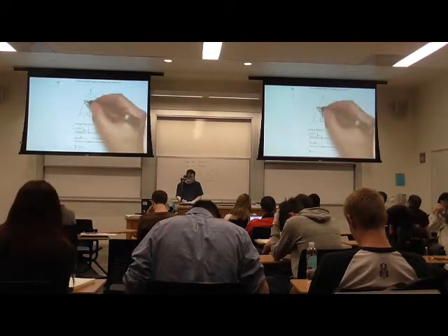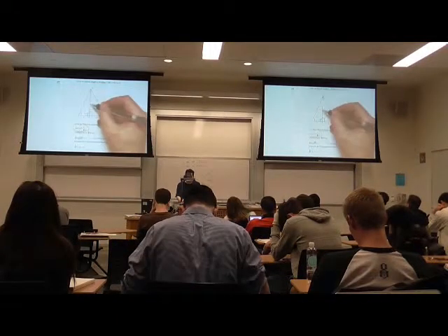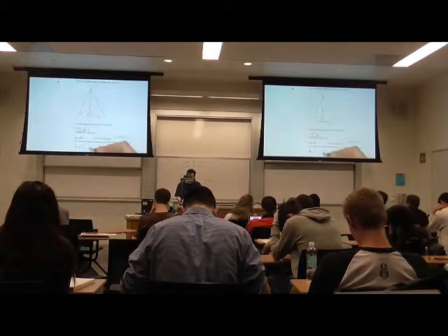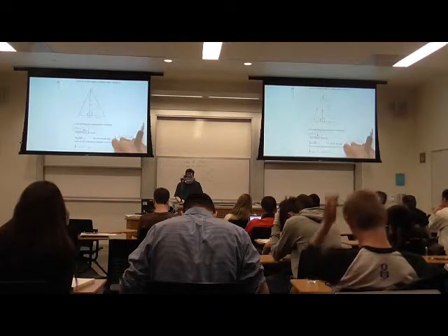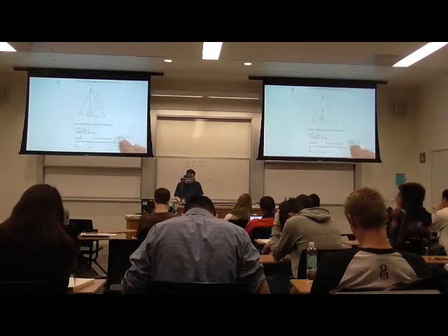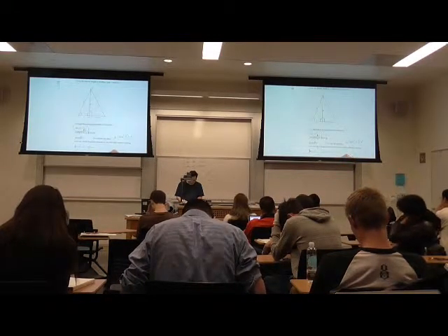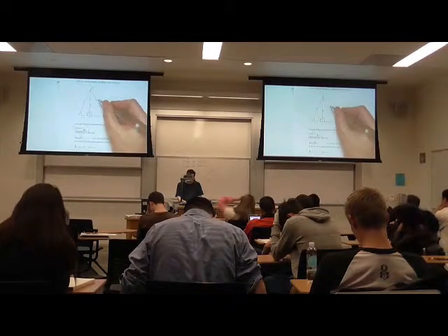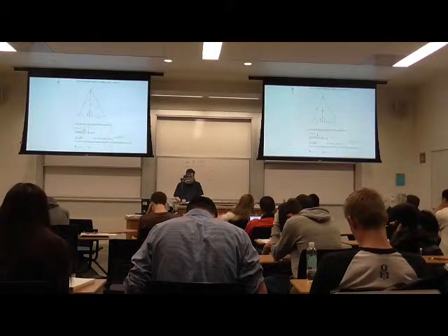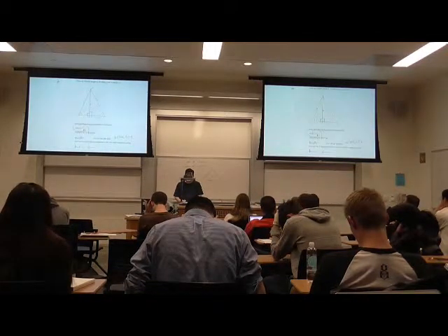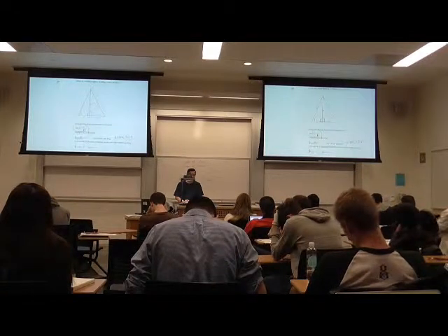On the left, I have b squared equals h squared plus x squared, right? Pythagorean theorem. On the right, let's see, I have a squared is equal to h squared plus (c minus x) squared. And I'm going to do something similar to what I did with the law of sines.